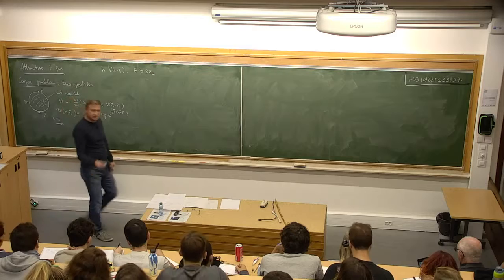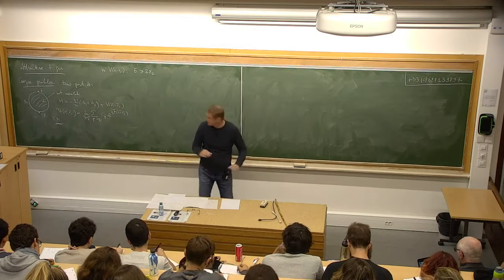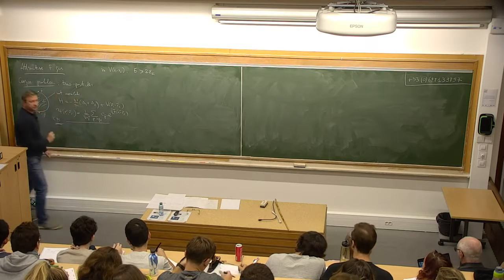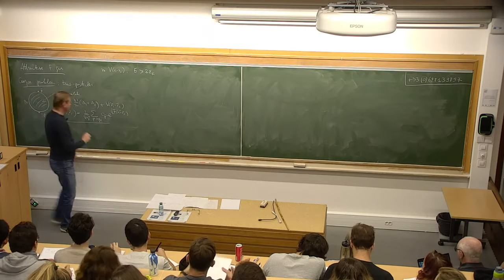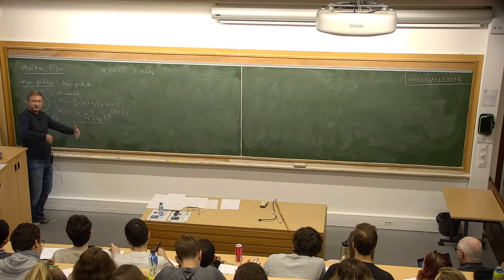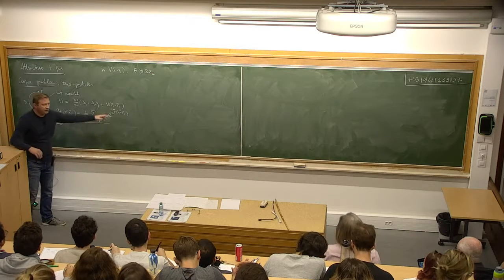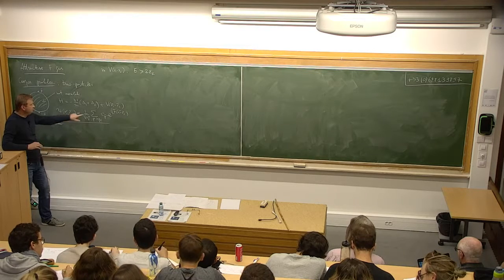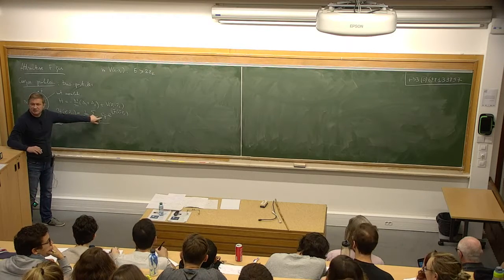So now let's switch on the interaction and see what happens. We use this ansatz for the wave function, put it in this equation, and after some multiplying and integrating with the plane wave over space, we come to the equation for the amplitude C_P.